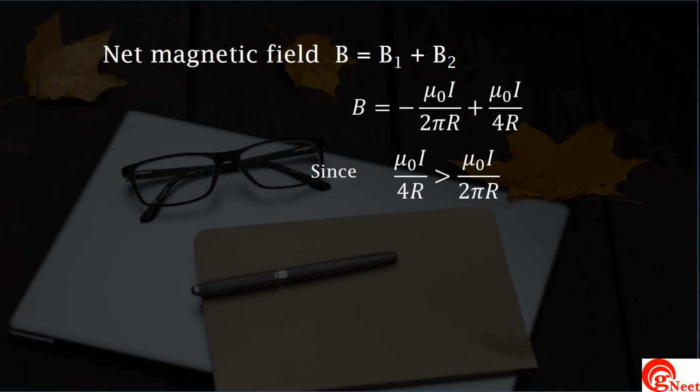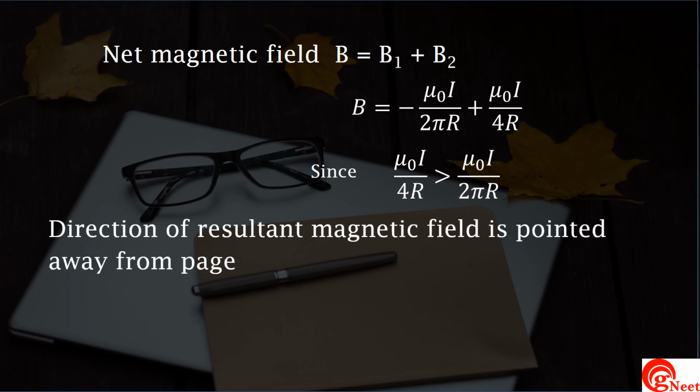Greater the value of the denominator, smaller the value. Thus, the value of mu0 I upon 4r is greater than mu0 I upon 2 pi r. Therefore, the direction of the resultant magnetic field will be the direction due to the semicircle, that is pointed away from the page.